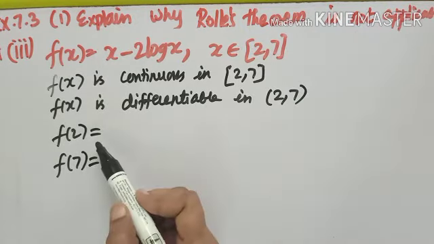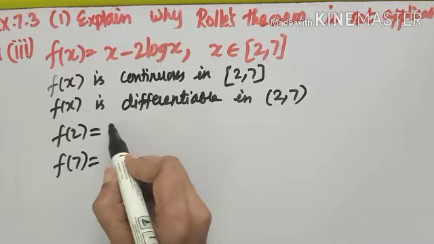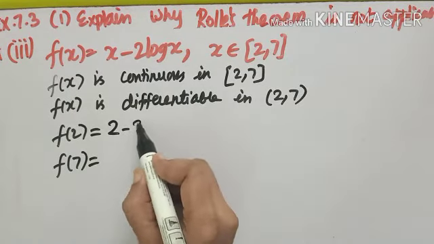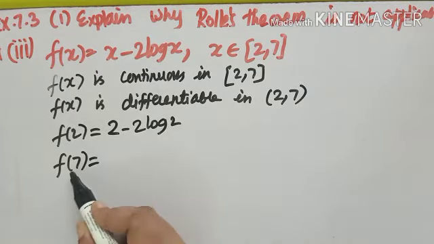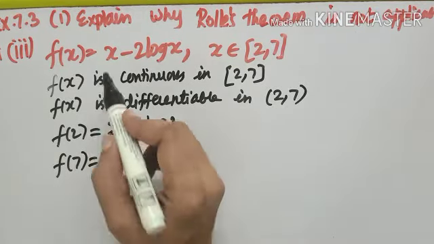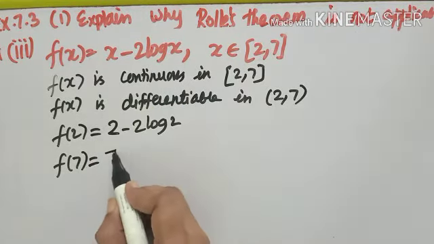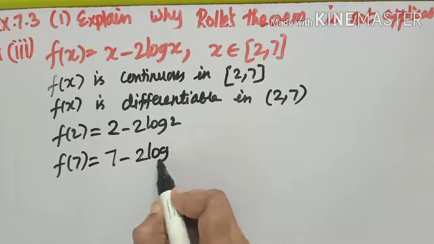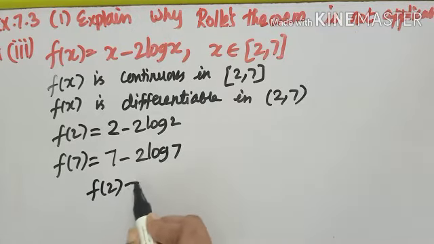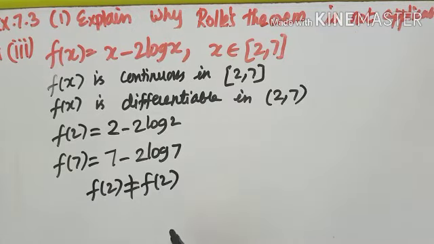What is f of 2? Wherever x is coming, put 2. 2 minus 2 log 2. F of 7. Wherever x is coming, put 7. 7 minus 2 log 7. Obviously, they are not equal.